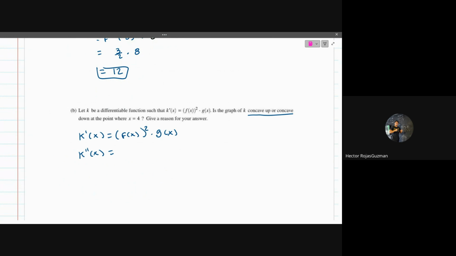Be careful with this one because we have a product rule and also a chain rule involved. So it's the first times the derivative of the second plus the second times the derivative of the first, and that's 2 f of x times f prime of x.